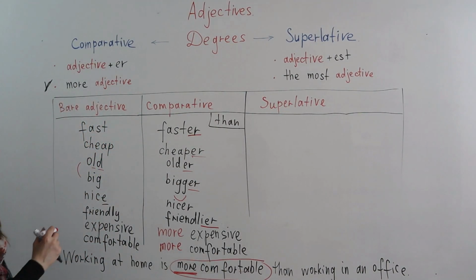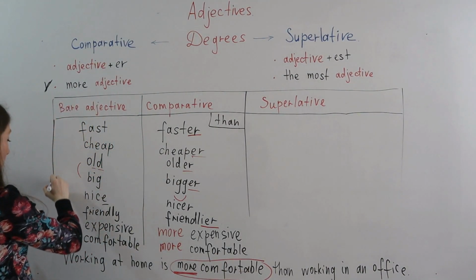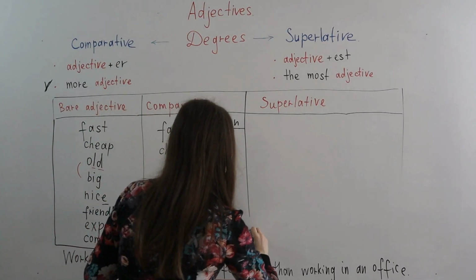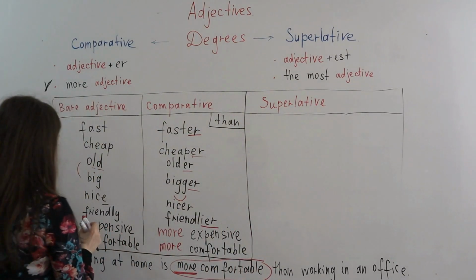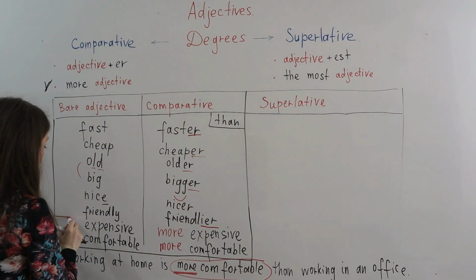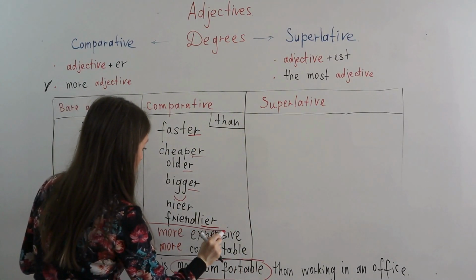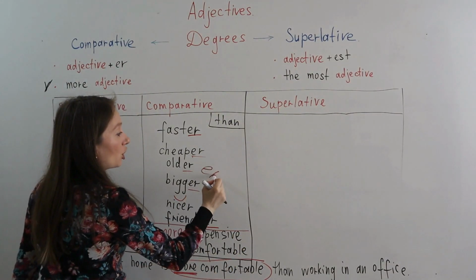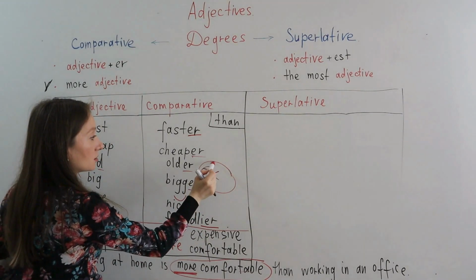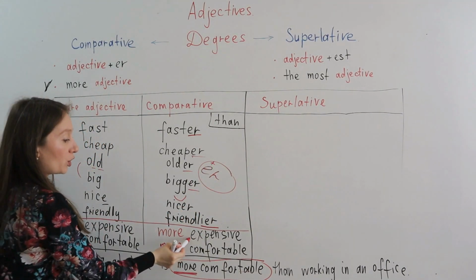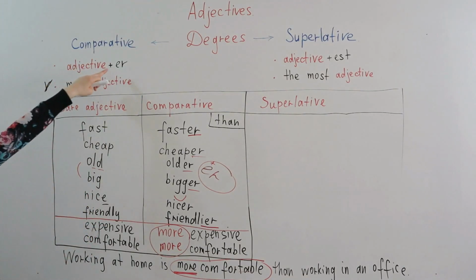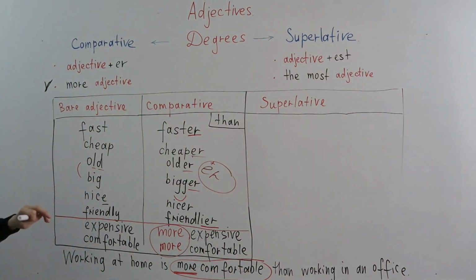So long adjectives. So you can see from these rules, we can define it like that, right? The structure where we use er plus, and the structure where we use more. So two types of adjectives, er and more.